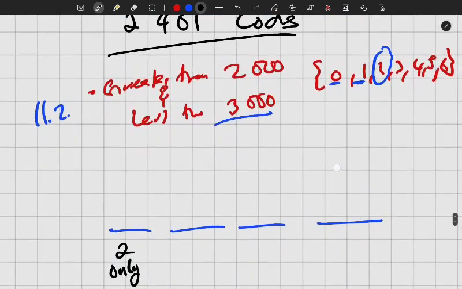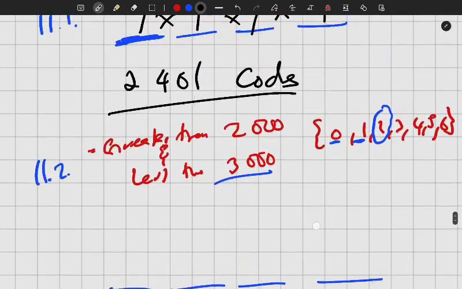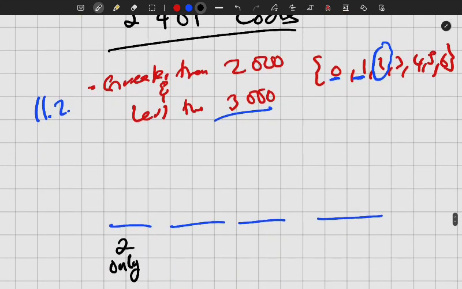Let's think about that again. Since it starts with 2, it's going to be 2000 something.